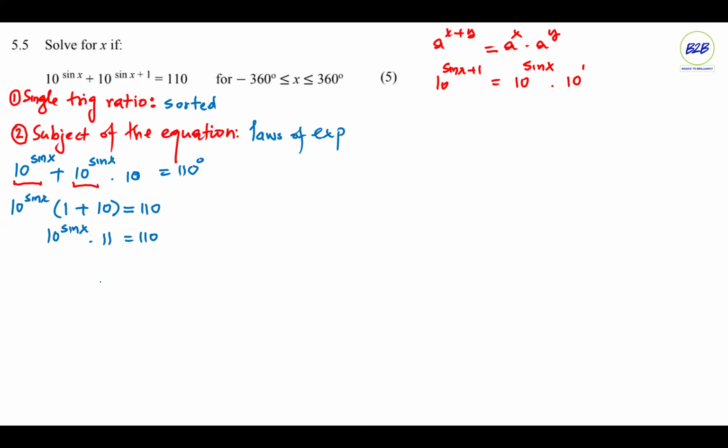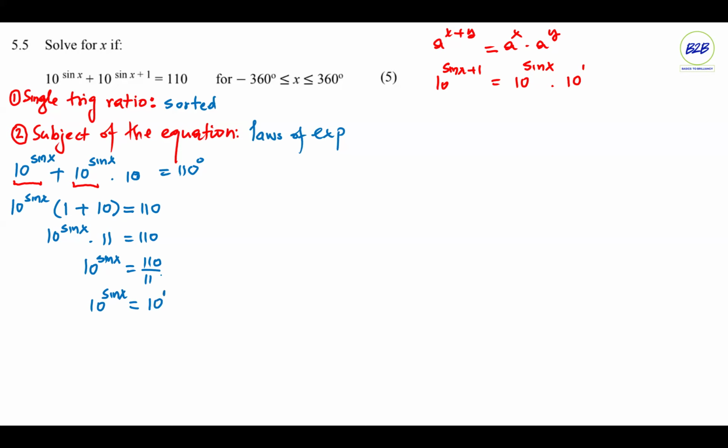And then we divide on both sides by 11. So we have ourselves 10 to the power sine x equal to 110 over 11. And that gives us 10 to the power sine x equal to 10.